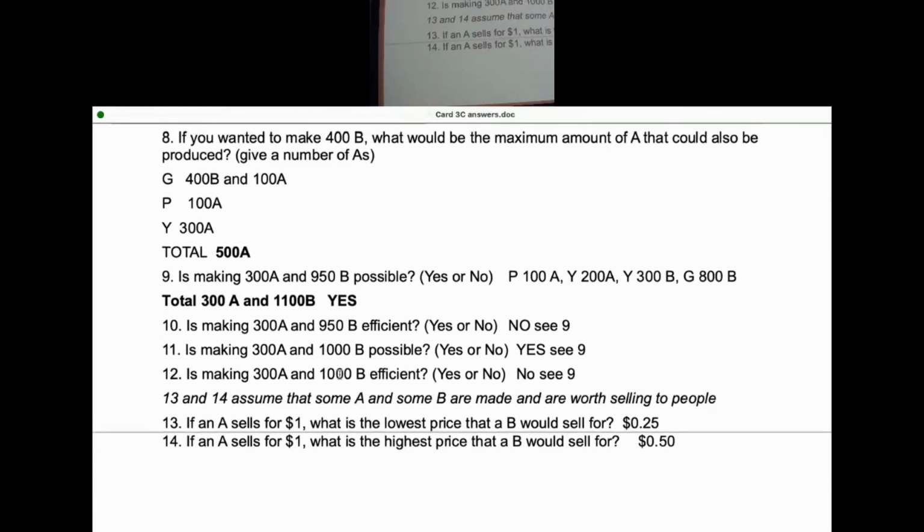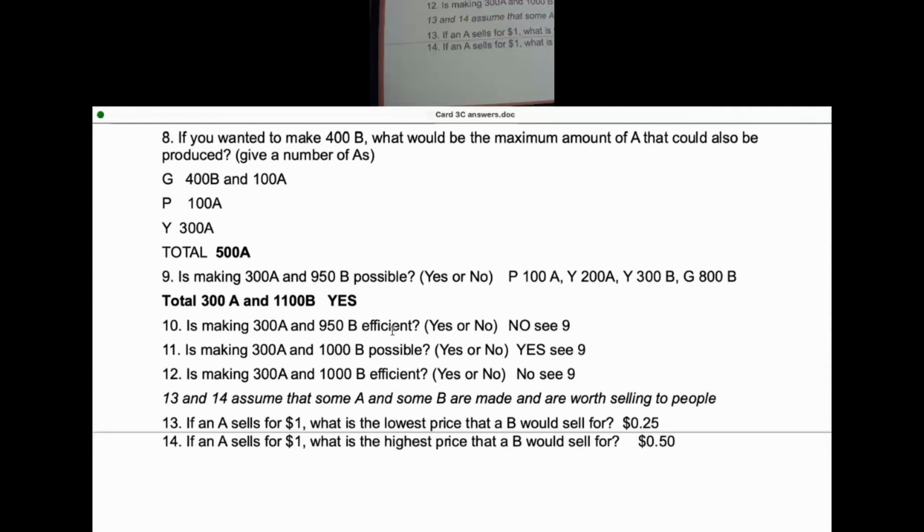Is making 300A and 950B efficient? It's not efficient. Why? Because if you're making 300A and 950B, and you could be making 1,100B, you're not making all you can make, and efficient means you're making all you can make. It matters because, let's suppose A is food and B is shelter.